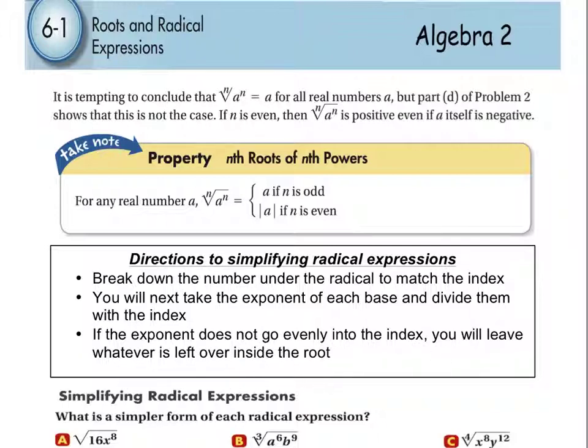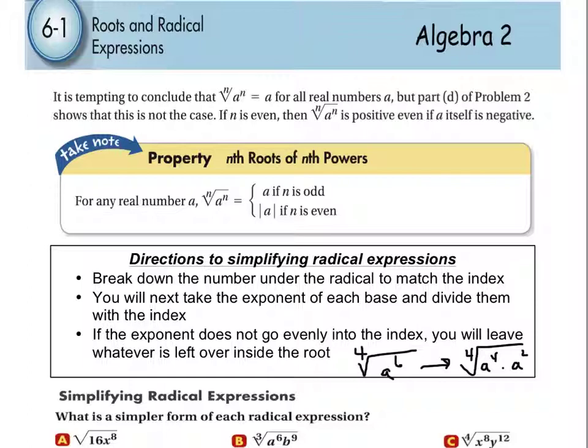For example, let's say you had the fourth root of a to the sixth. Well, 6 divided by 4, 4 doesn't go into 6 evenly. So I could rewrite this as the fourth root of a to the fourth times a to the second, which is essentially using your exponent rules, which we talked about in part 1.